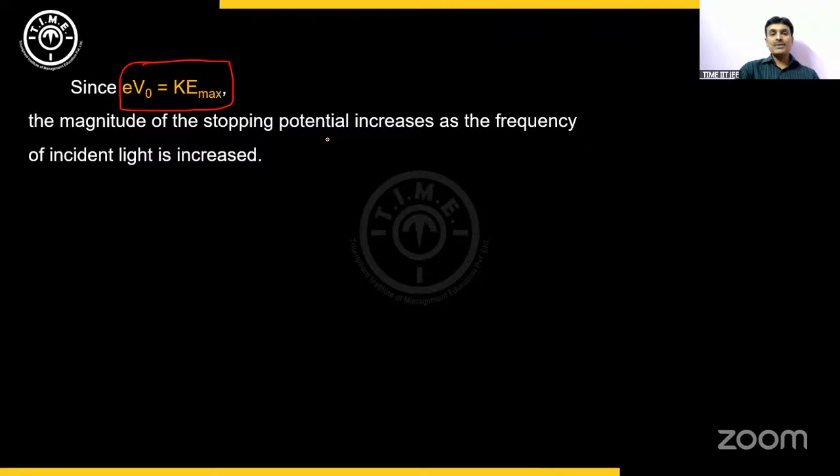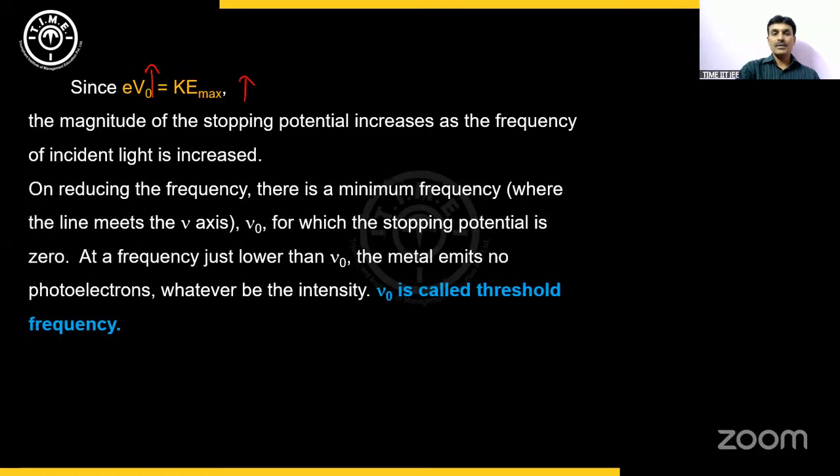So the magnitude of stopping potential increases as the frequency of incident light is increased. With increase in frequency, kinetic energy is going to increase. With increase in kinetic energy of the electron, the stopping potential also increases. Understood?